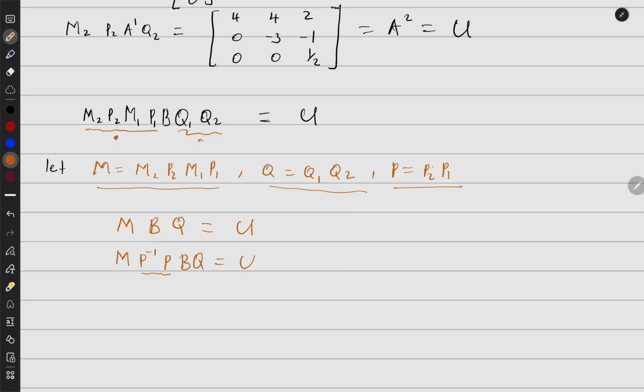BQ equals U. So I can then take the M P inverse, like the inverse of this, on either side. So this one goes with this, then I remain with PBQ equals, this is P, this is M inverse U.